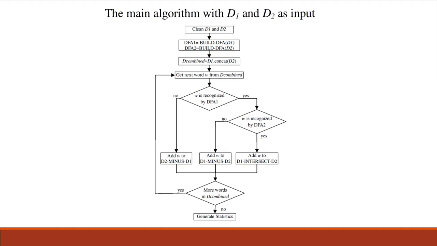If it is recognized by DFA1 but not recognized by DFA2, then we add it to D1 minus D2. And if it's not recognized by DFA1, then we just add it to D2 minus D1. If there are more words in D combined, then we go back and get the next word from D combined. And if not, then we generate statistics.